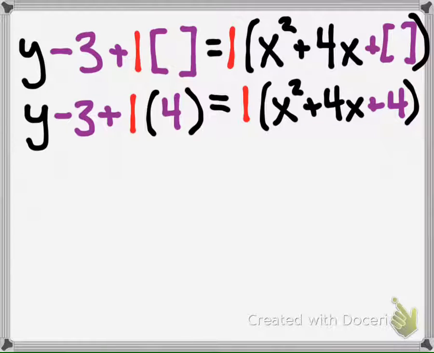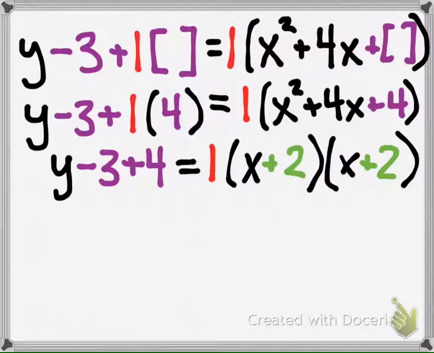Now I'm going to simplify both sides. On the left, I need to combine like terms. I have y minus 3 plus 4 equals 1 times (x plus 2)(x plus 2). What's important to realize here is that x plus 2 times x plus 2 is the factors of my x squared plus 4x plus 4 quadratic, because when I multiply x plus 2 times x plus 2, I get that quadratic.